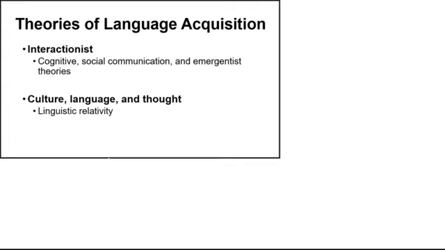So modern views are a lot closer to the interactionist perspective, where we consider both sides as opposed to one or the other. And we will eventually be looking at how sort of culture and language work together and influence our ways of thinking. But I wanted to take a brief moment and start talking about bilingualism.